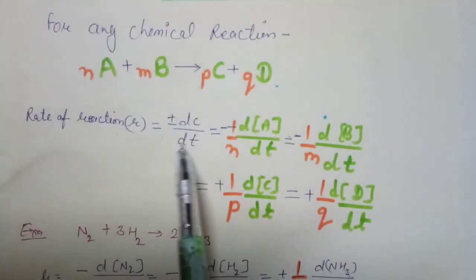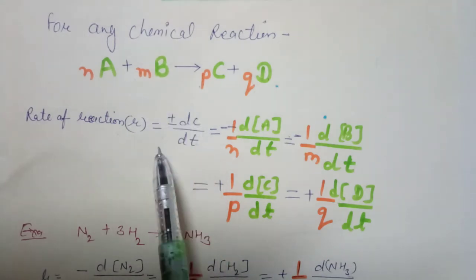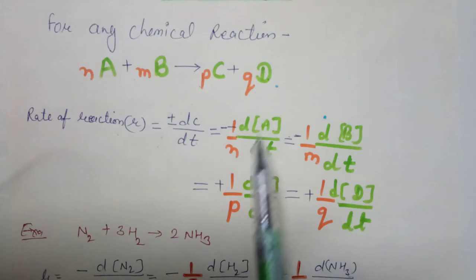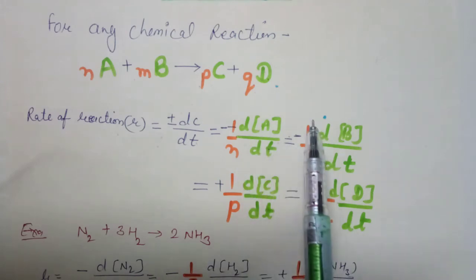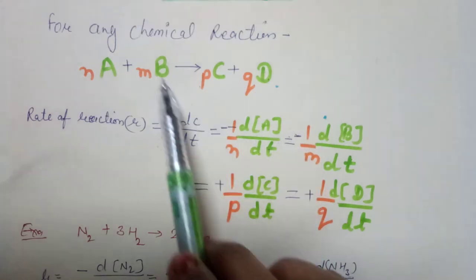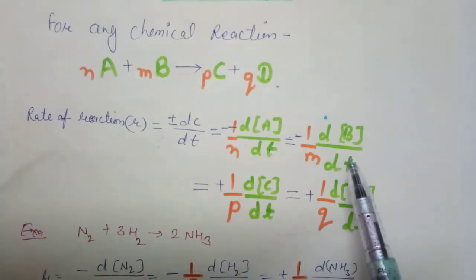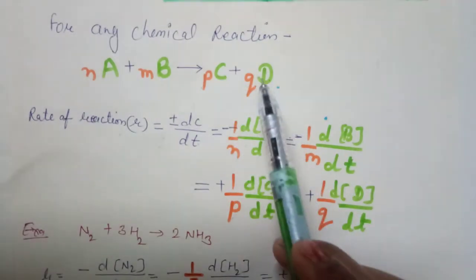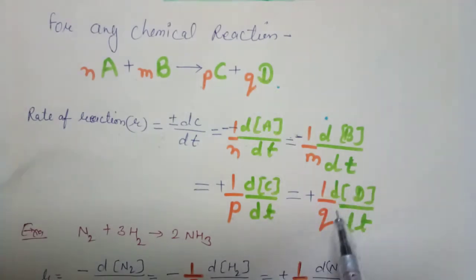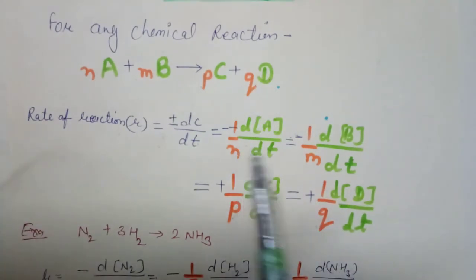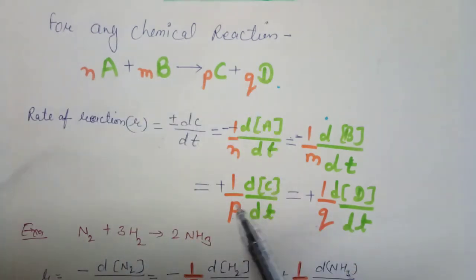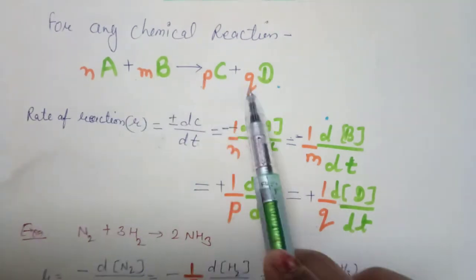Plus dC upon dt, this is the complete rate of reaction, will be equal to minus 1 upon n dA upon dt, which is equal to minus 1 upon m dB upon dt, where minus means decrease. dC upon dt will be divided by p, and dD upon dt will be divided by q, where n and m are the stoichiometric coefficients of A and B, and p and q are the stoichiometric coefficients of C and D.